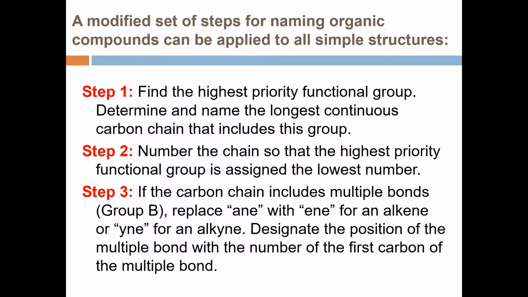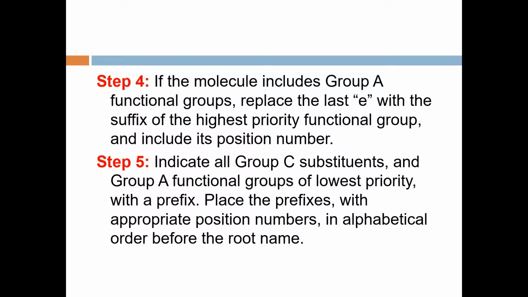First, we name the longest continuous chain with the parent name, and then we number the chain, and then we designate the position of the multiple bond and the substituent, if any. After that, we arrange the substituents according to alphabetical order, and we name the parent as the one that has the highest priority functional group.